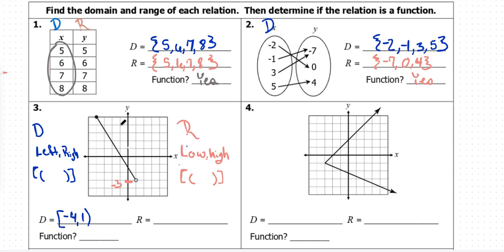My highest value is 1, 2, 3, 4, 5, so +5. So from -3 to +5 are my y values. At -3, I have an open circle, so that's a parenthesis. At +5, I have a closed circle, so that's a square bracket.